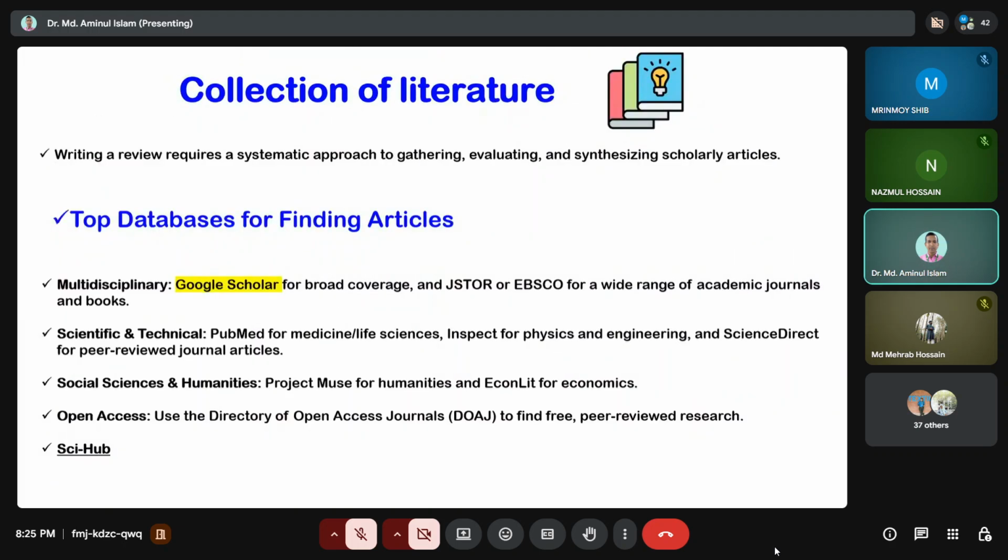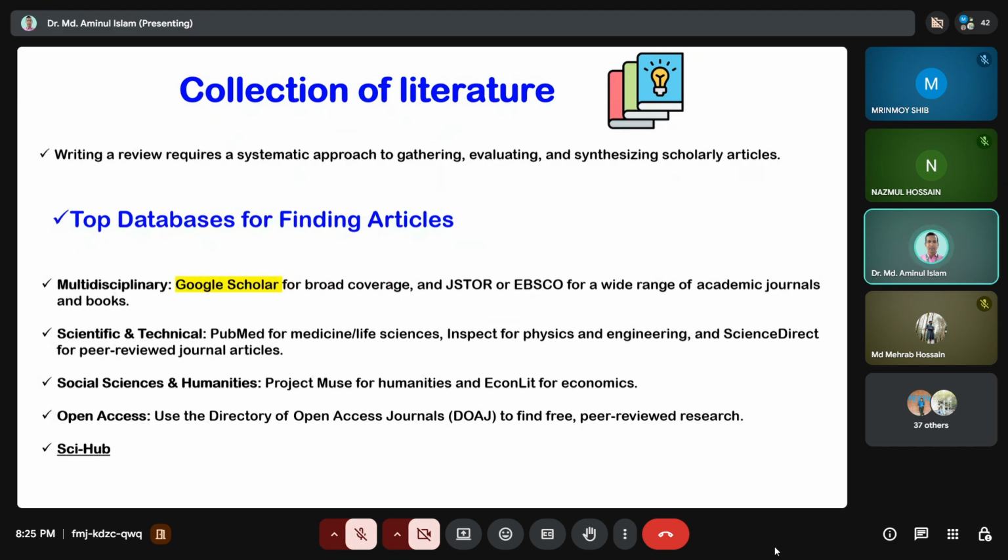Then comes collection of literature. If you want to write a review, then you have to collect the existing literature or articles. Writing a review requires a systematic approach to gathering, evaluating, and synthesizing scholarly articles.